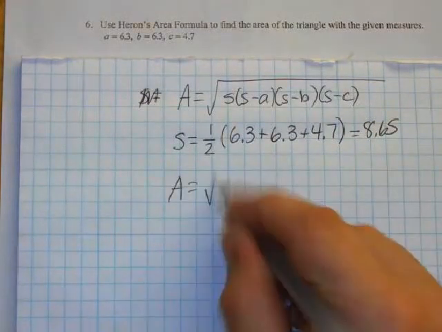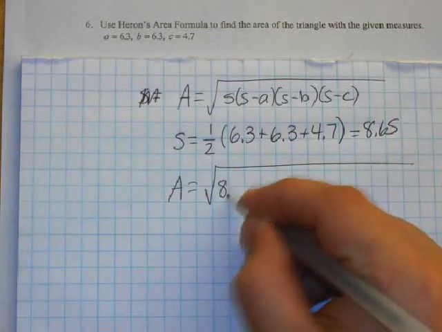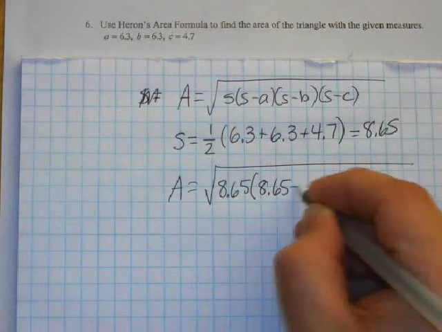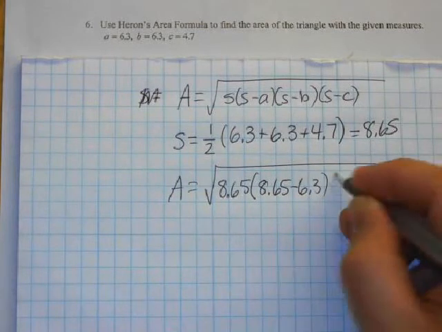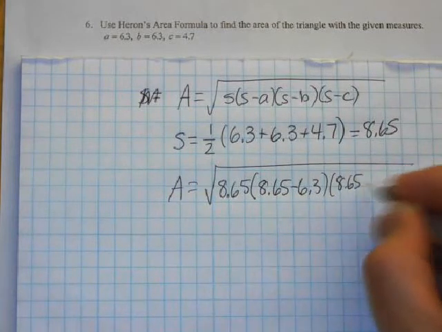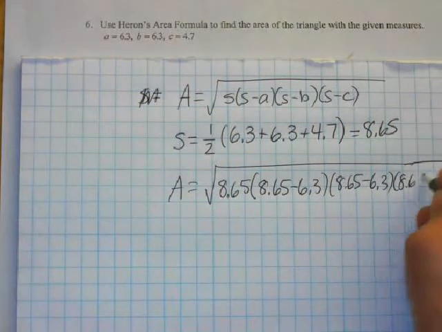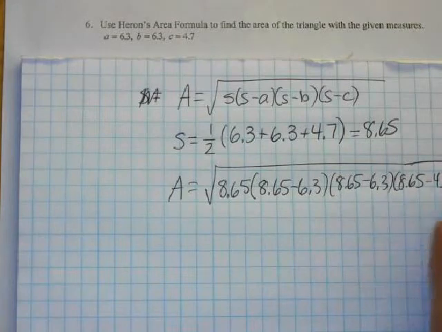So the area, 8.65 times 8.65 minus 6.3 times 8.65 minus 6.3 times 8.65 minus 4.7.